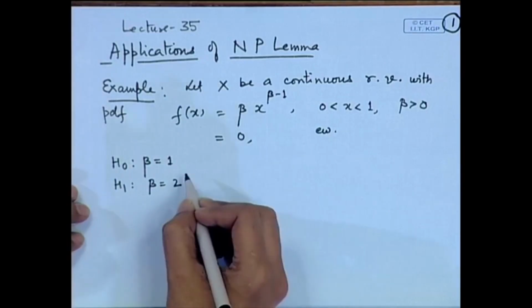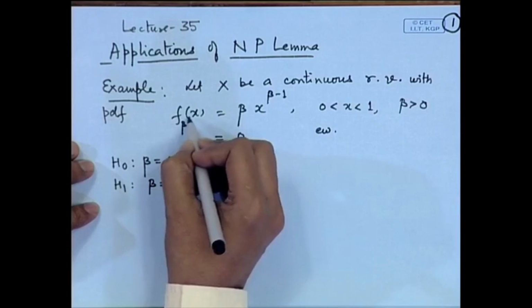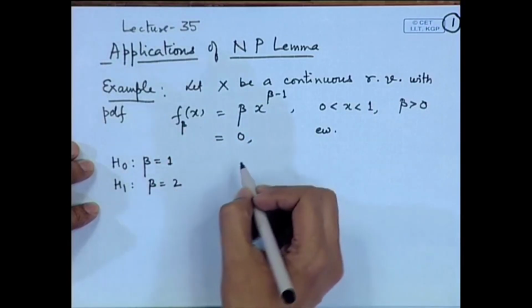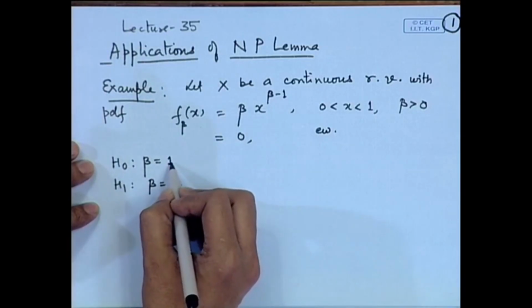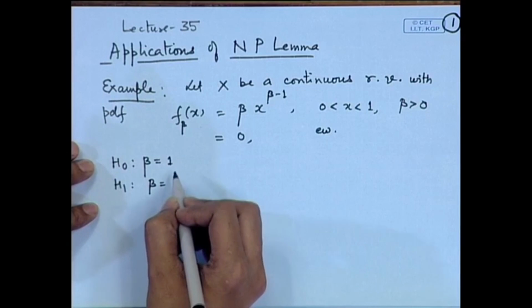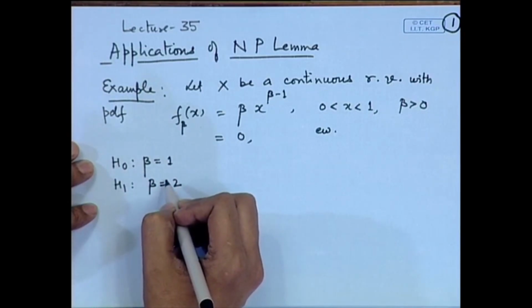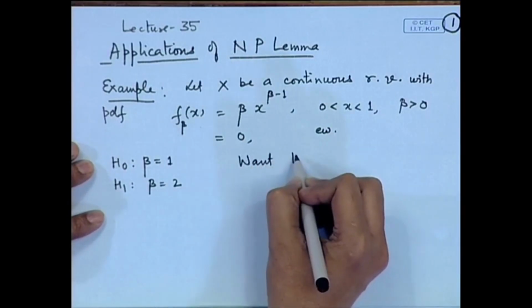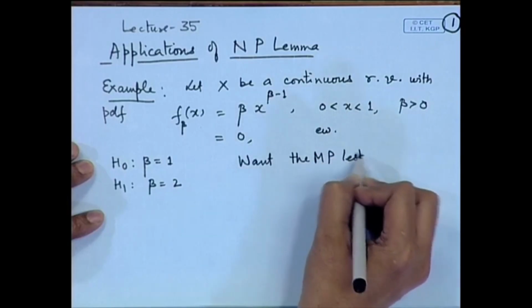So, here this is f beta, the density is dependent upon the parameter beta. We are interested to test whether beta is equal to 1 or beta is equal to 2. Now, you can see here that both of these are simple hypotheses. So, if we want the most powerful test, then we can make use of the Neyman-Pearson lemma.